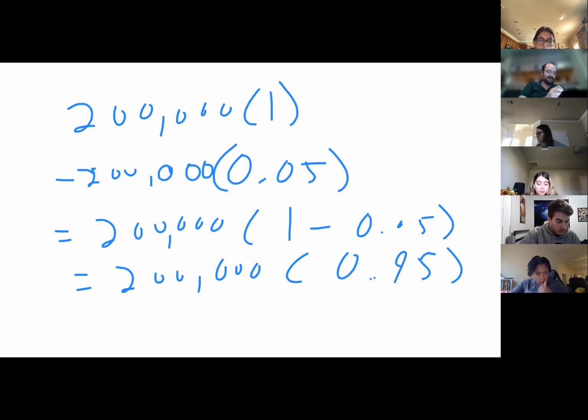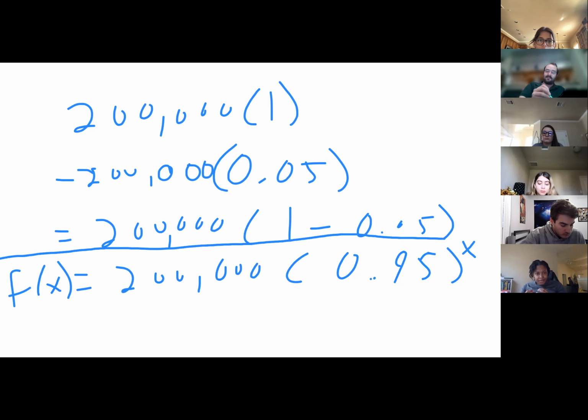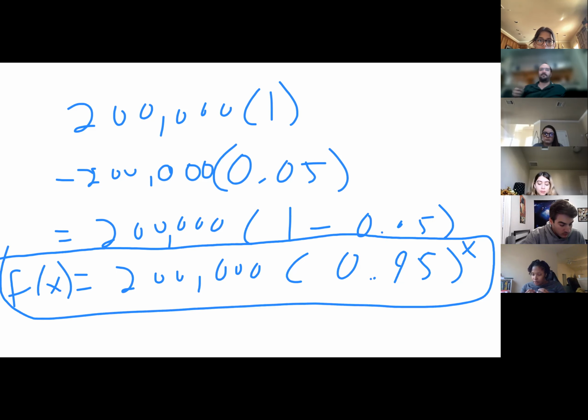So this is home value. I believe it was 200,000 times 0.95 to the x as our final formula. Each year, you're going to take 95% of that value. It's decreasing by 5%. There's a really common problem with shifting reference values in percentages.